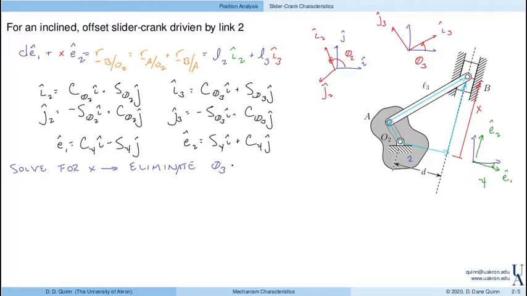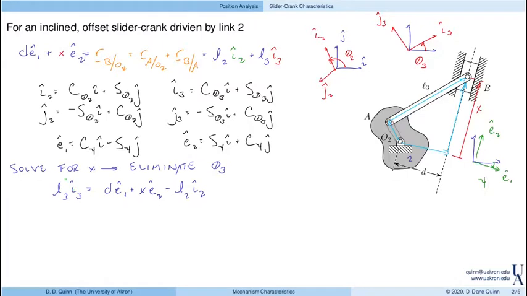And the easiest way to eliminate a direction is to solve for a magnitude. So we'll isolate this term. All right, so we'll say L3 I3 is equal to D E1 and X E2 minus L2 I2.